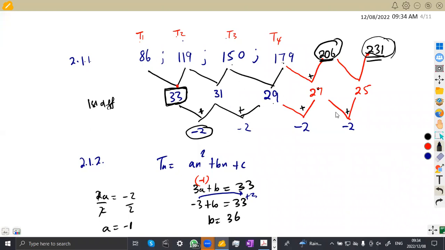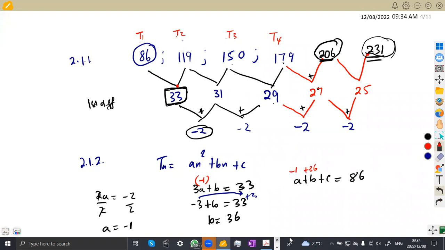All right. Then the first term here, which is our T1, is equivalent to a plus b plus c. So a plus b plus c is equivalent to 86. So now let's substitute the values that we are given. We have got the value of a, which is -1 here, the value of b, which is 36.